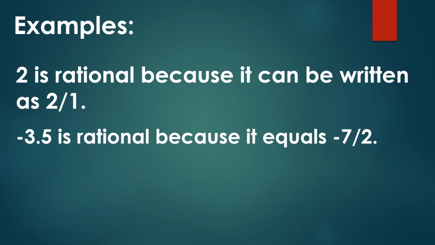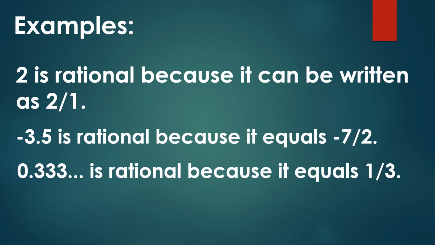Next, negative 3.5 is rational because it equals negative 7 halves. Okay, 3.5 in fraction form, that is negative 7 halves. Another is 0.33 or 0.333. This is a repeating number, so it is also rational because it equals 1/3.